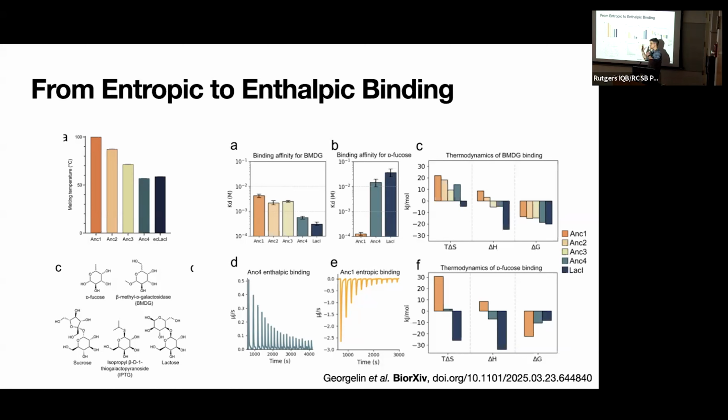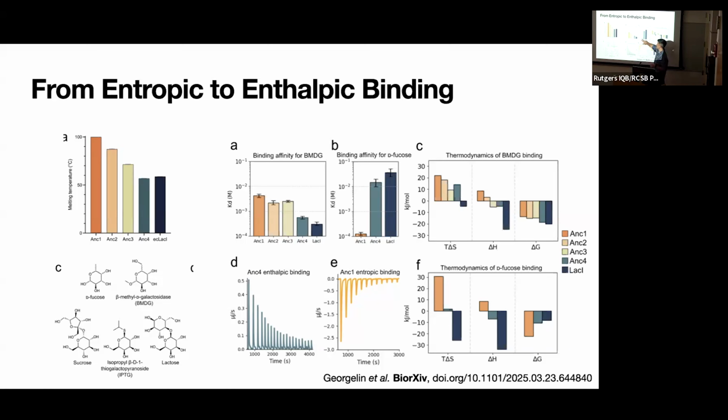It sort of makes sense. We get a specificity shift. We get mutations that arise that change the specificity, increase the affinity for what was previously a promiscuous binding event, which becomes optimized and becomes the primary binding. And we see the binding affinity for D-fucose is lost. So you get a trade-off because it can't bind two different things; as we just showed, binding two things at once is very hard.